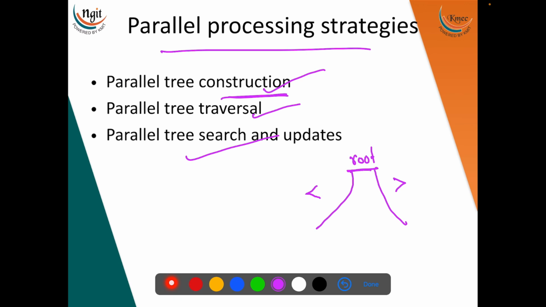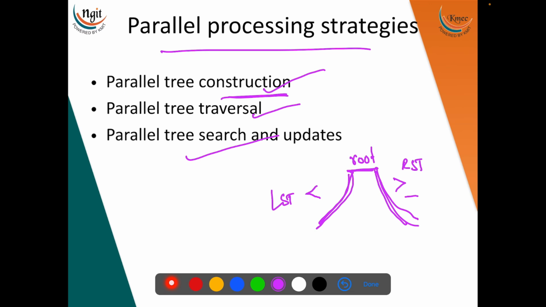This is the construction strategy of parallel processing. Parallelly, you divide the elements. Once you find an element lesser than the root, you organize it on the left. If it is greater, you put it on the right. So it is the left subtree and the right subtree.